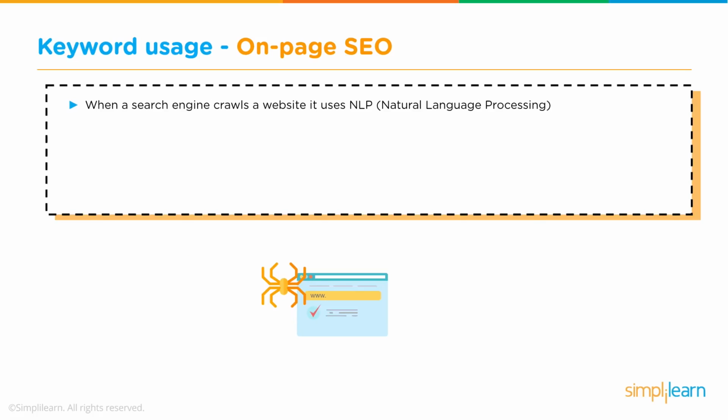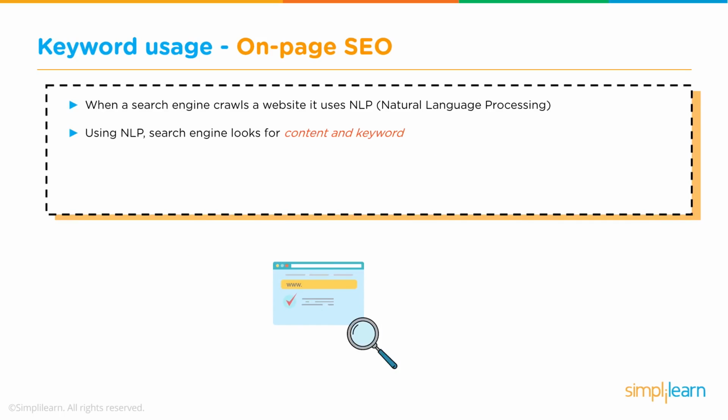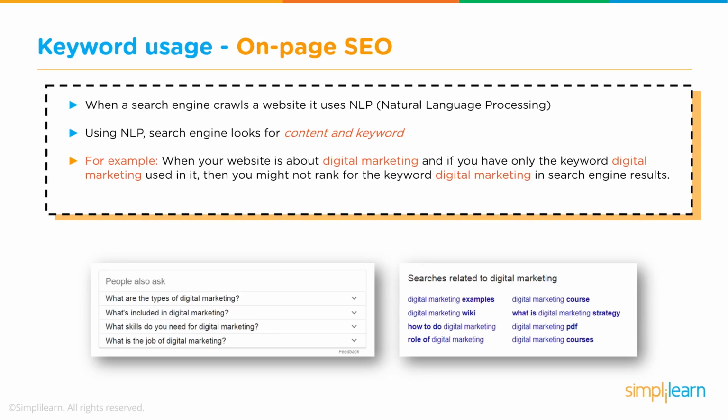And so also, in addition to internal linking, we want to be able to use natural language. And so what do I mean by natural language or natural language processing? So what Google does is, in terms of natural language processing, they're looking for the content and the keyword. It needs to be relevant.